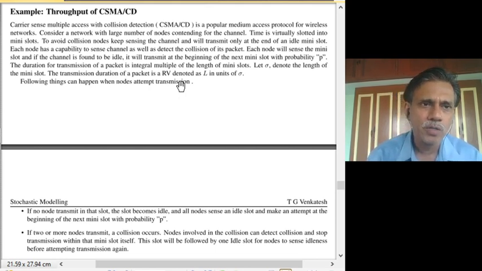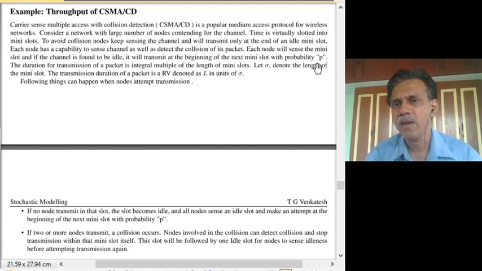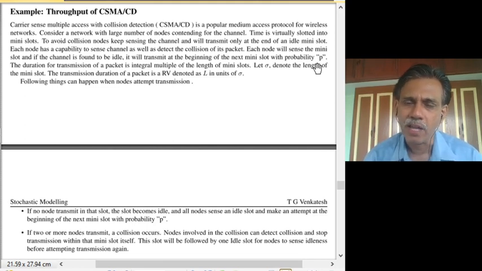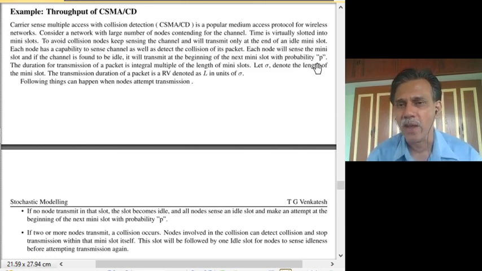So we introduce a retransmission probability, call it P, so that whenever a mini slot is idle as sensed by a node, at the end of the mini slot, which is the beginning of the next mini slot, each node will attempt a transmission with probability P and defer transmission with probability 1 minus P. Which means that if there are 10 nodes, 3 nodes may transmit, or 1 node may transmit, or none may transmit, or 5 nodes may transmit, and so on. Different things can happen.